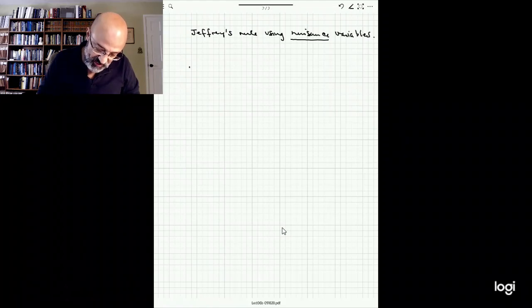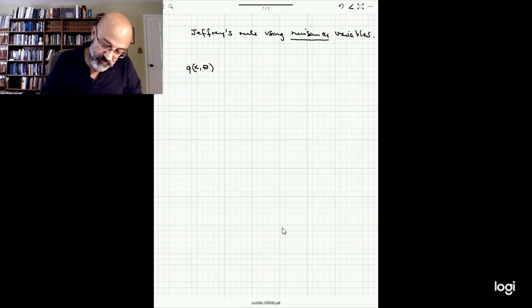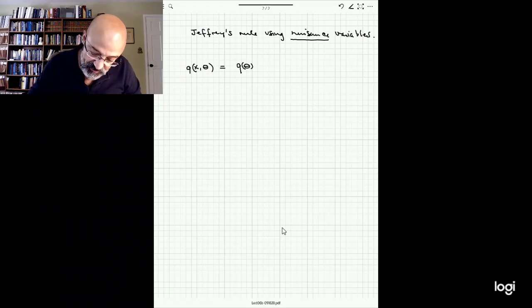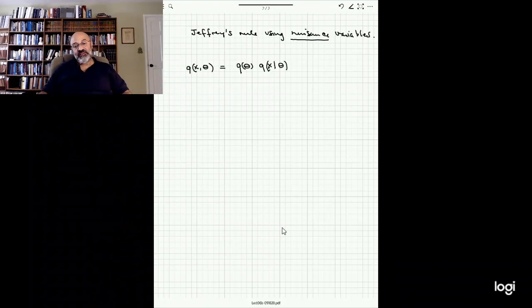We want to update. You see, I've always come back to the same logic because the logic is sort of universal. We want to update a joint probability distribution when we know a prior and we know a connection between x and theta.